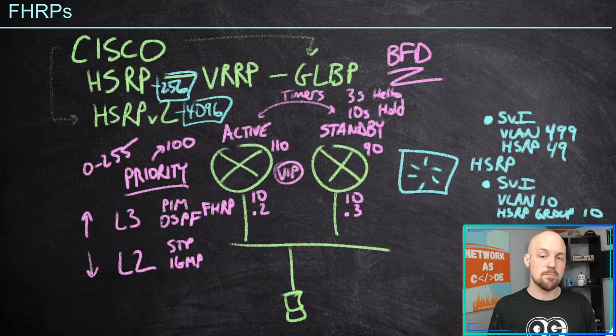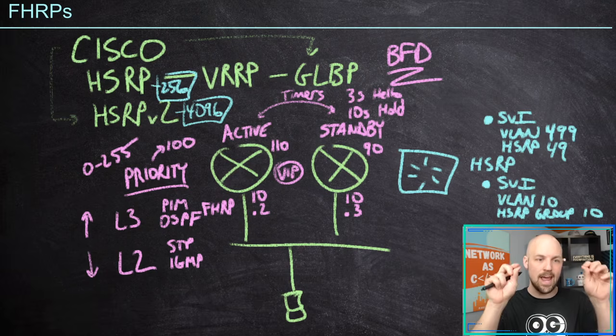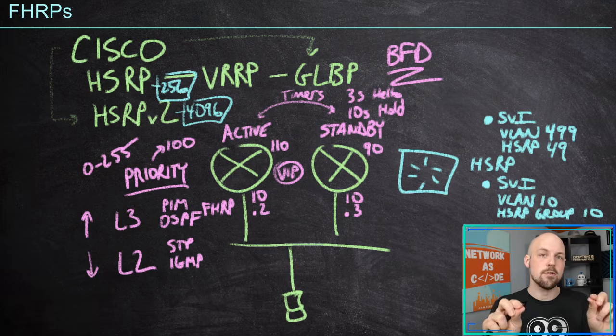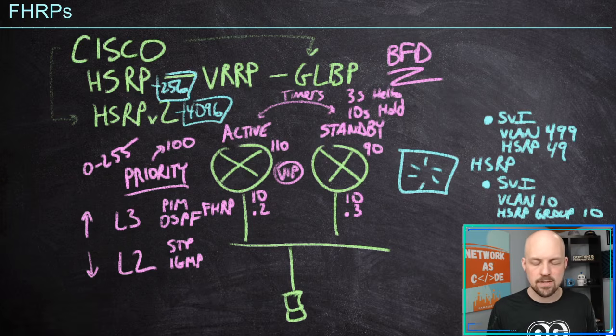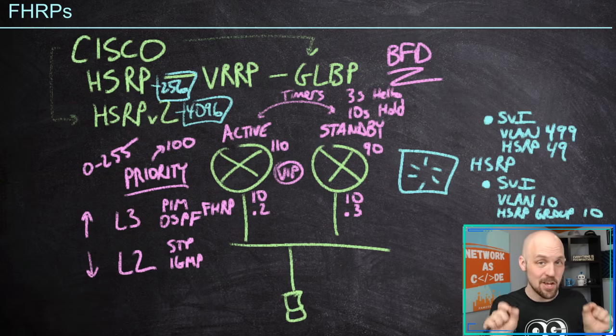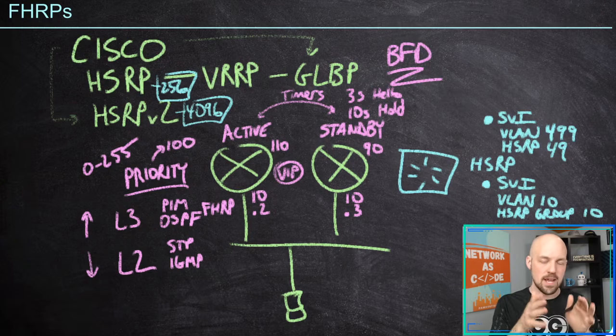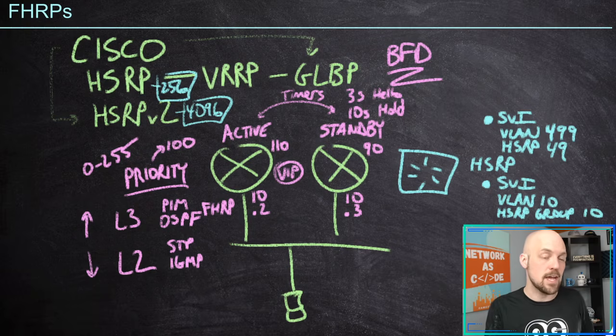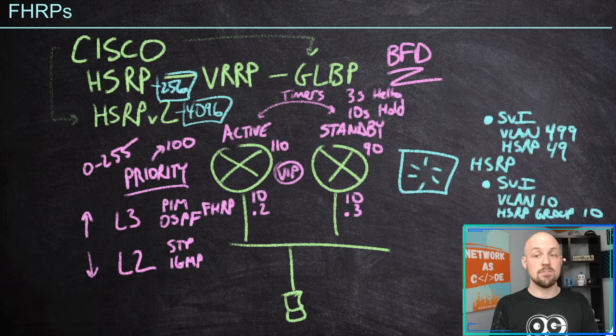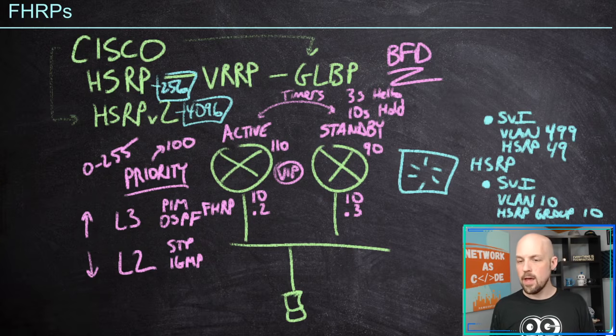But what's nice about bidirectional forwarding detection is you can get down really, really granularly. I don't exactly know how many milliseconds, but it's designed to go very, very fast. So instead of relying on HSRP timers, I can rely on BFD to track if the other side goes down. And again, we can use BFD in OSPF and EIGRP and all kinds of other things. So that's definitely an option for us.